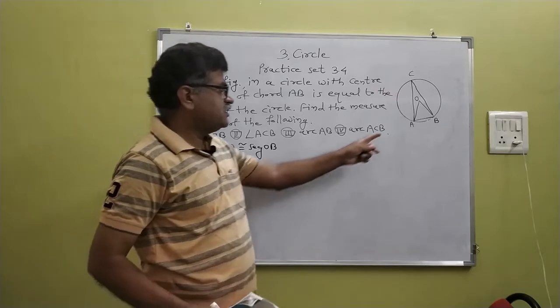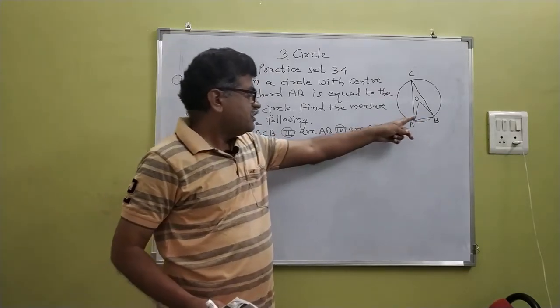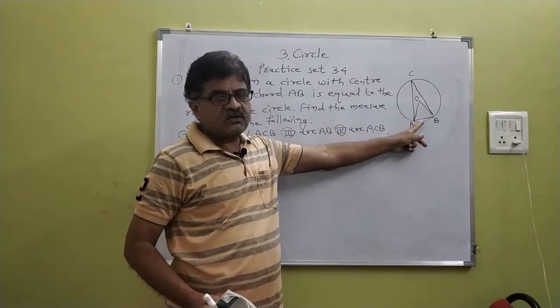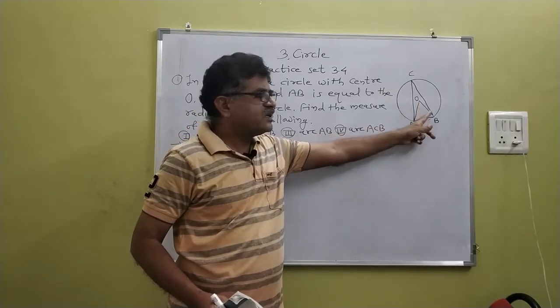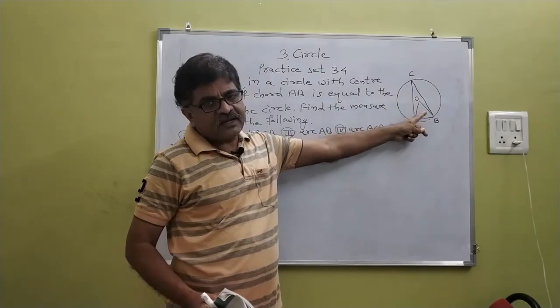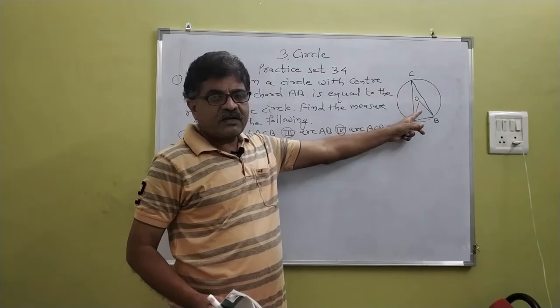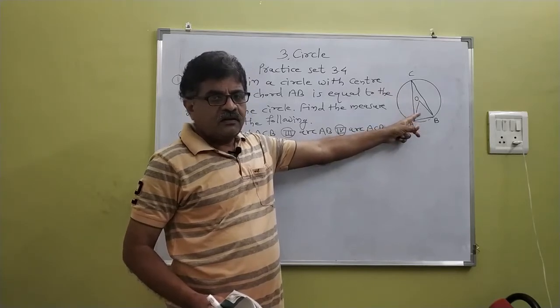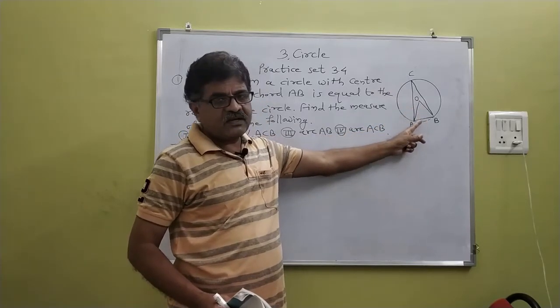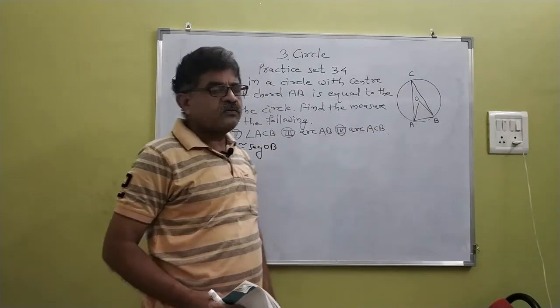These two are congruent, and we have given radius and chord are congruent. Therefore all these three are congruent. Therefore this is an equilateral triangle. And all angles of an equilateral triangle are 60 degrees. Therefore this angle is 60 degrees.